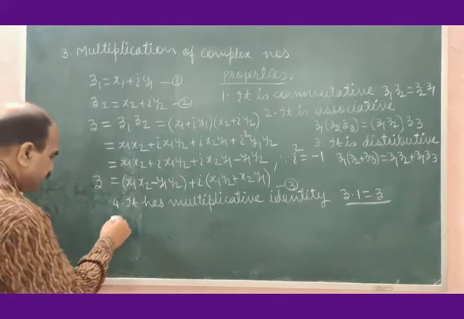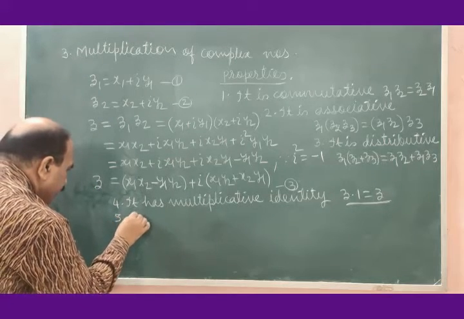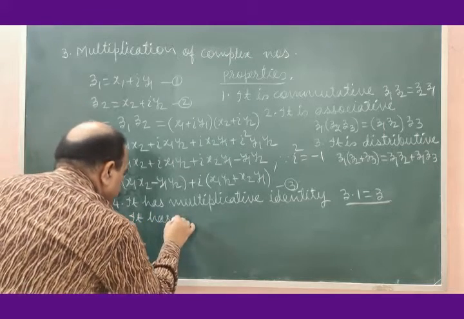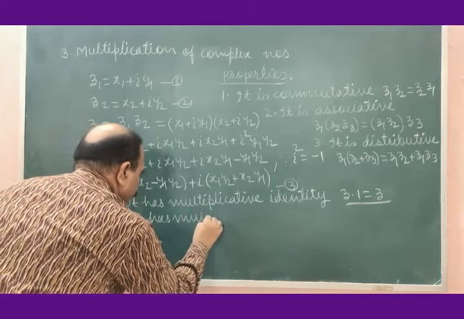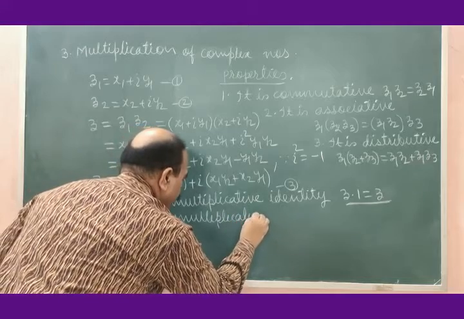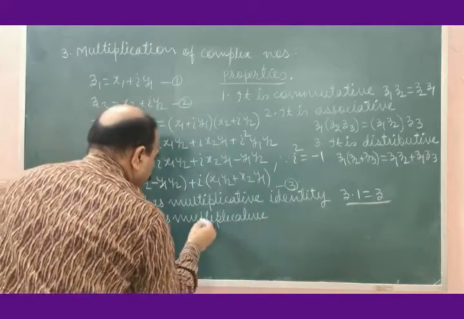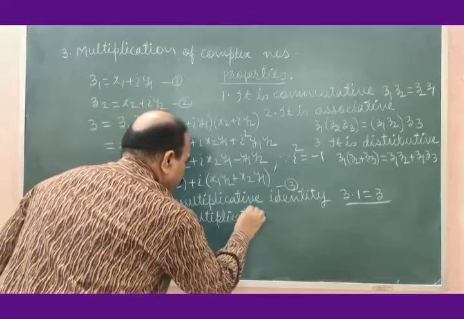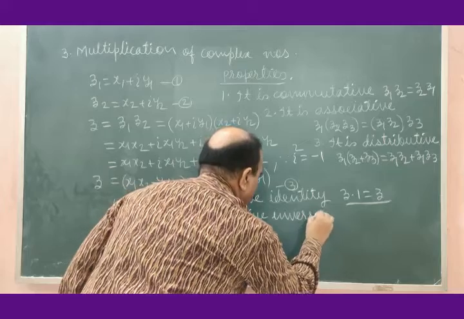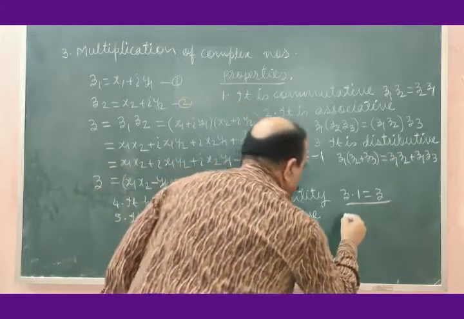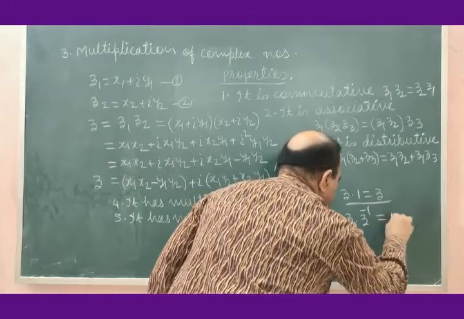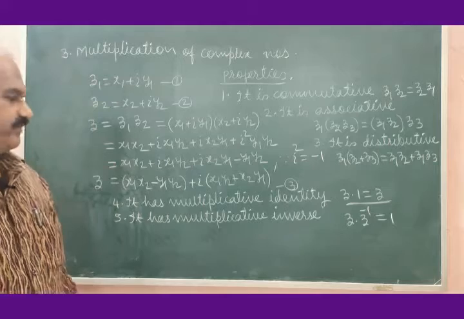And the fifth one is that Z into Z inverse is equal to 1.